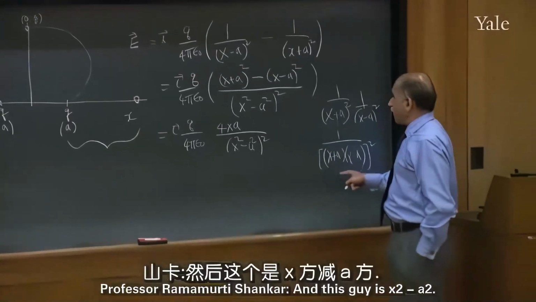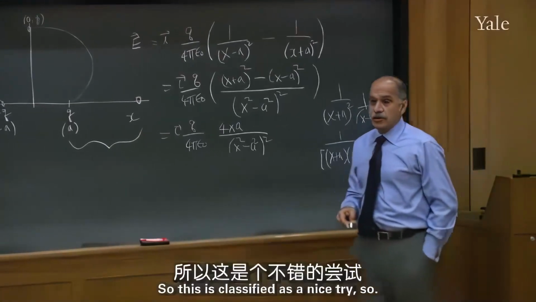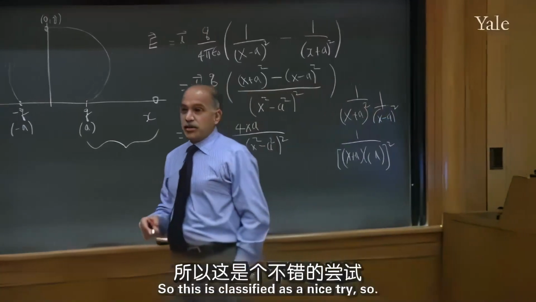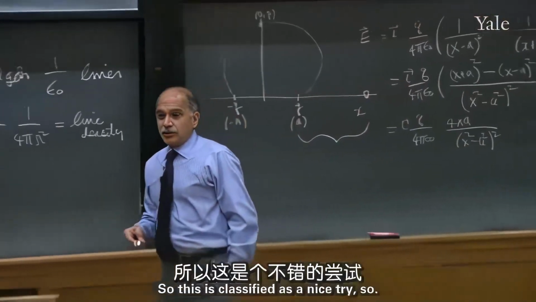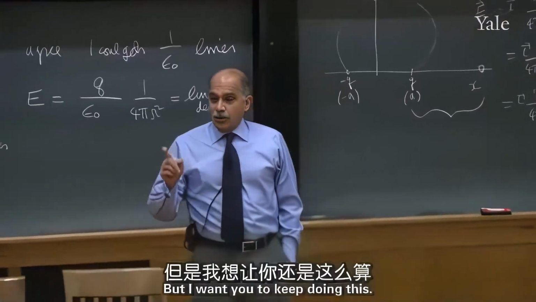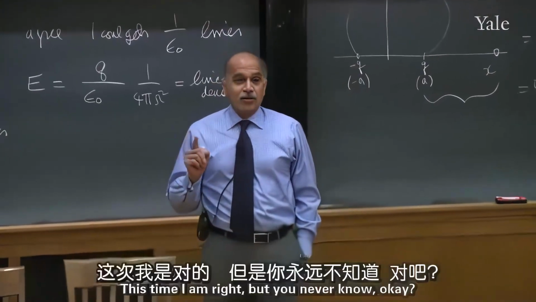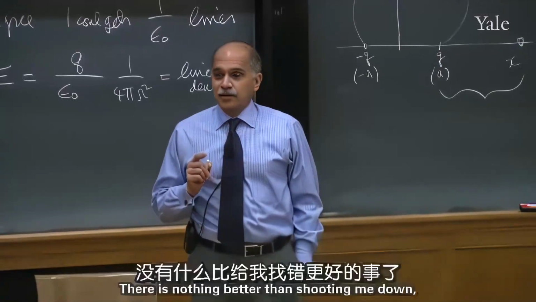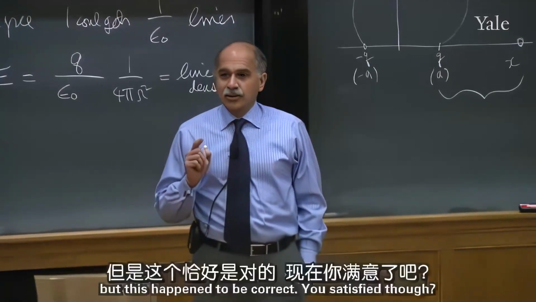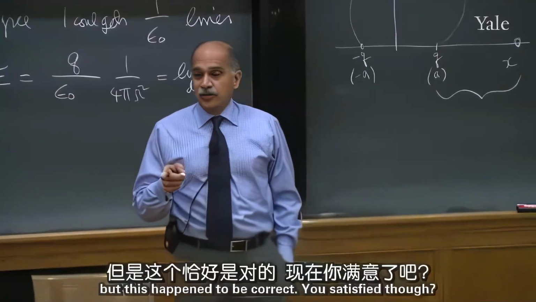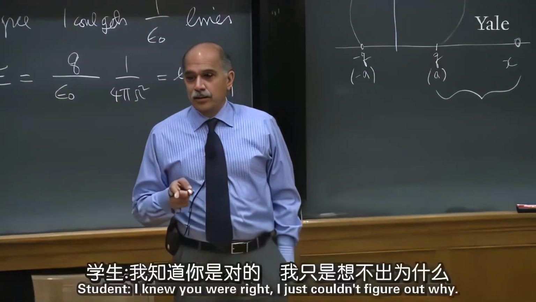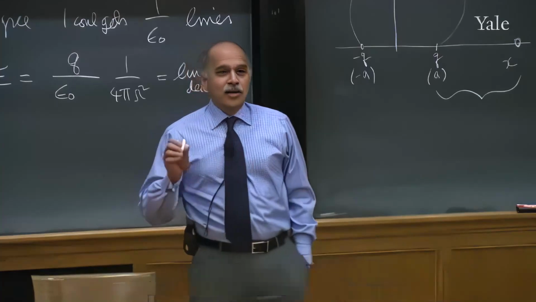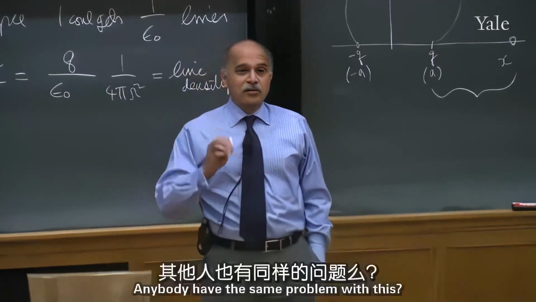And this is x squared minus a squared. So this is classified as nice try. But I want you to keep doing this. This time I'm right, but you never know. I don't want you to give up. There's nothing better than shooting me down. But this happened to be correct. You satisfied though? I knew you were right, I just couldn't figure out why. No. I don't want to rush through this. Anybody have the same problem with this?